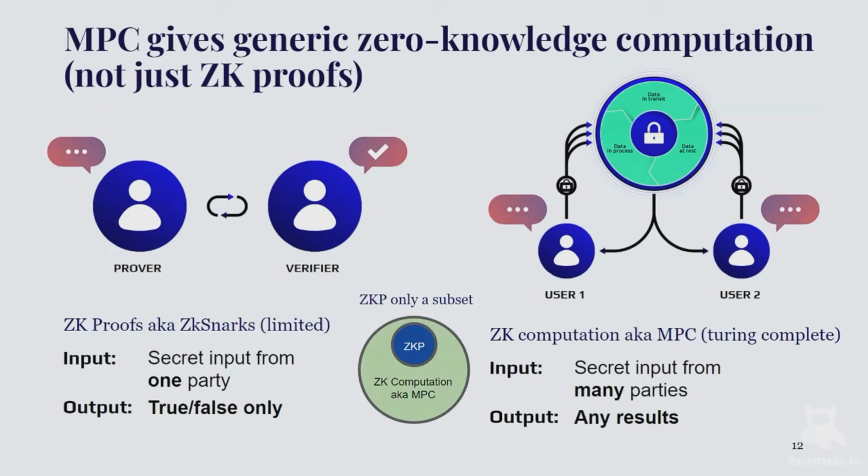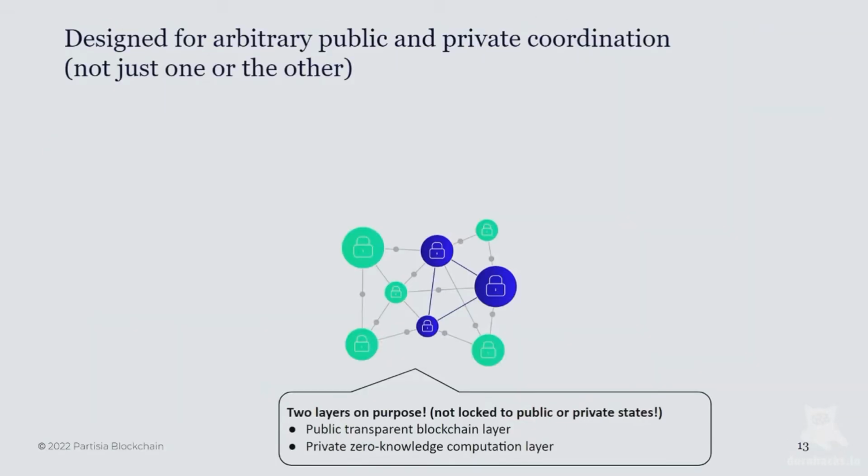So essentially, zero knowledge proof is a subset of zero knowledge computation. This also means that the MPC solution is designed for arbitrary public and private coordination, and not just one of the two. So we kind of have two layers on purpose.